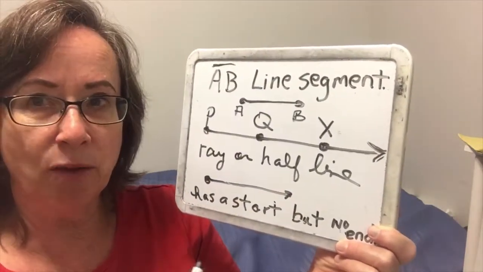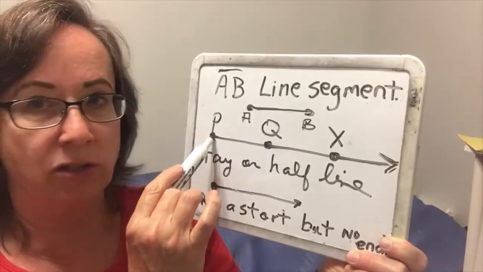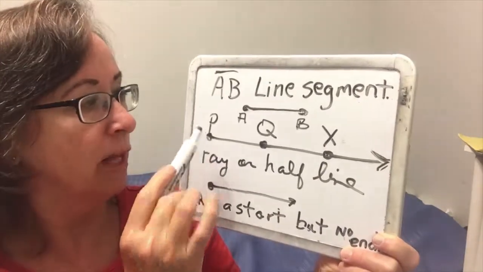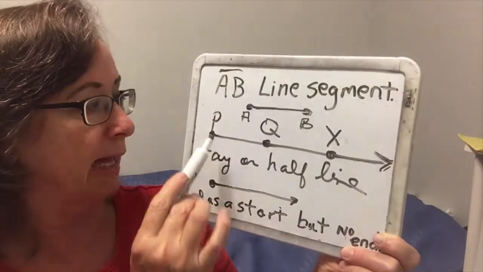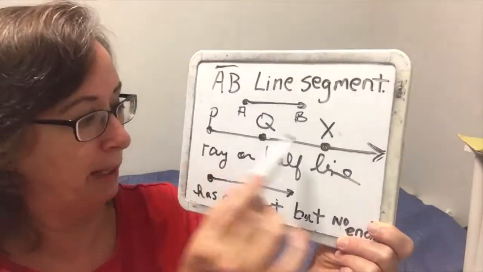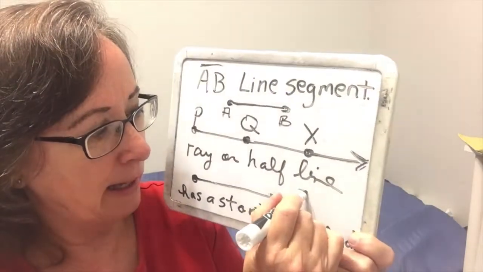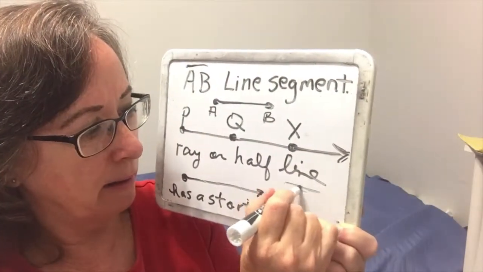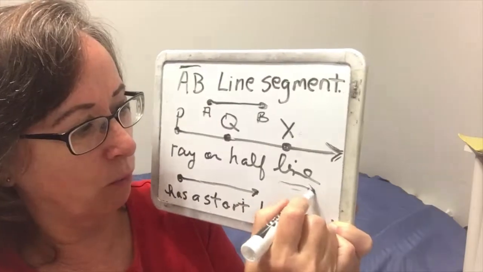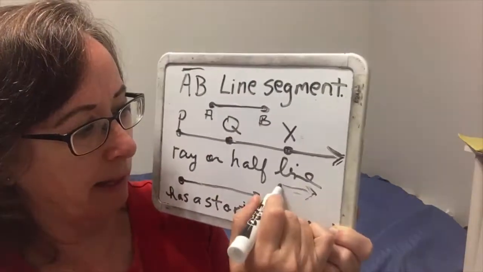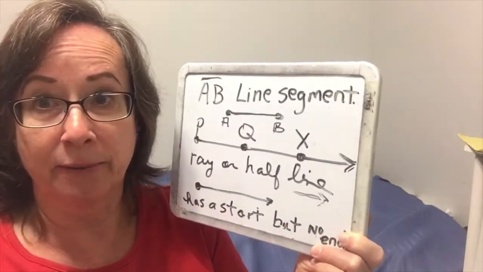When we're naming a ray, we will always start at its starting point. So we could call this ray PQ or PX, and the designation for a ray is one overbar with one arrow. Okay, my marker's dying here.